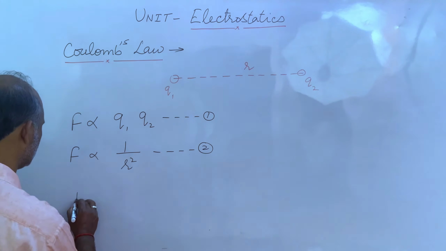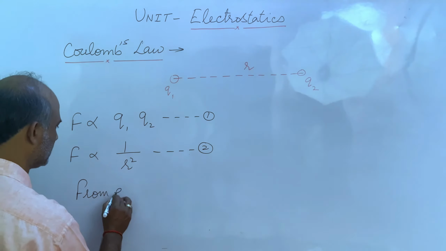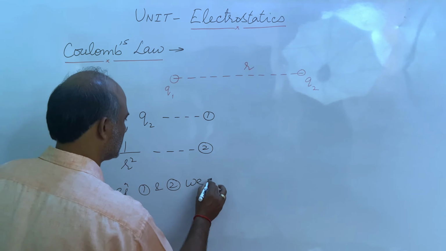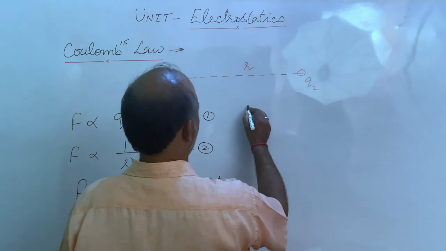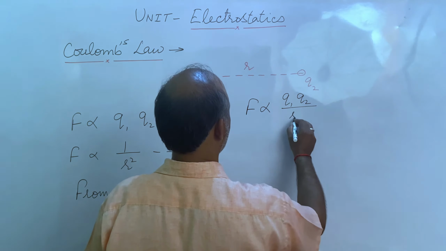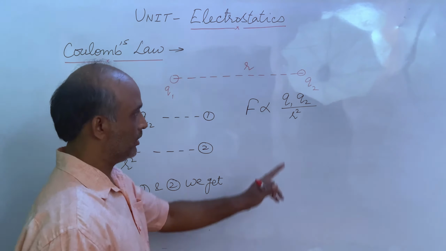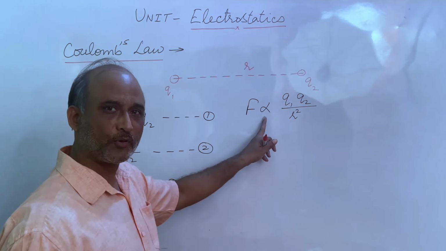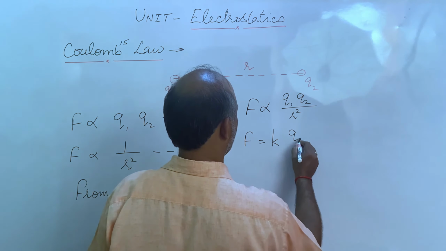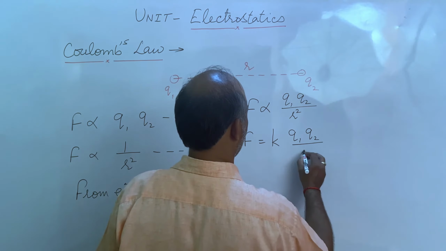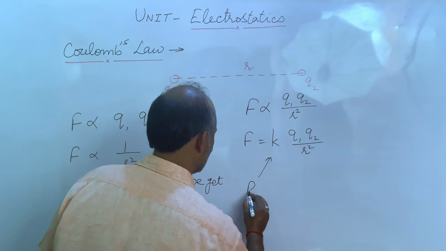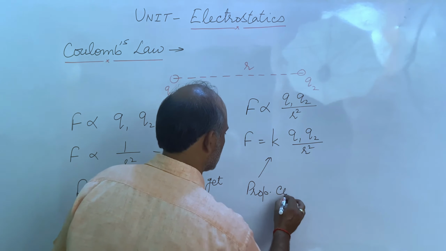So from equations first and second, we get F proportional to Q1 Q2 upon r square. Removing the proportionality sign, F is equal to K Q1 Q2 upon r square, where K is the proportionality constant.